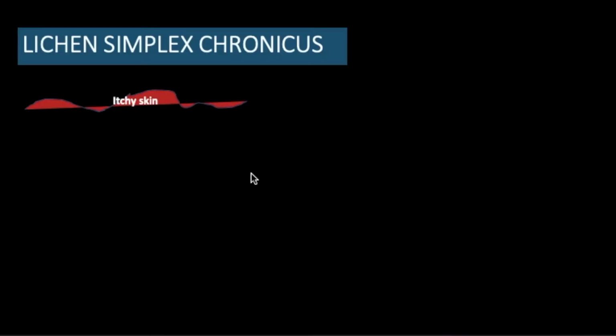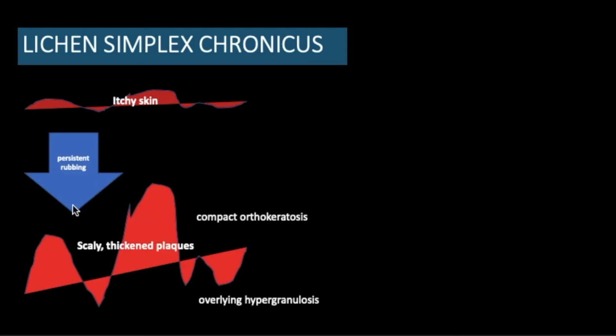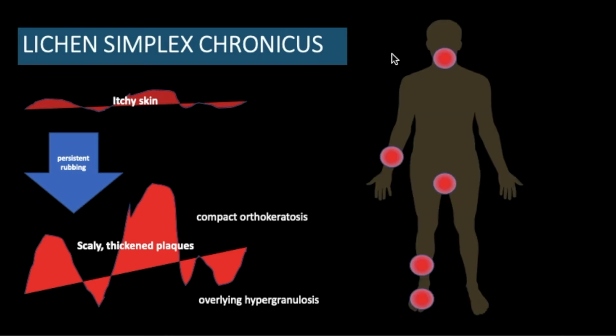Another condition in this category is lichen simplex chronicus, and the concept is very simple. When you have itchy skin and the lesion persists, you get increased thickness of the epidermis. What you see is scaly thickened plaques where there is compact orthokeratosis overlying hypergranulosis. It is usually found on the neck, the wrist, the anogenital area, the shin, and the dorsum of the foot.